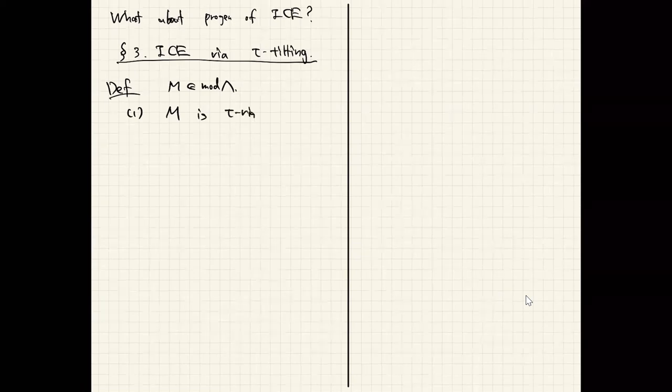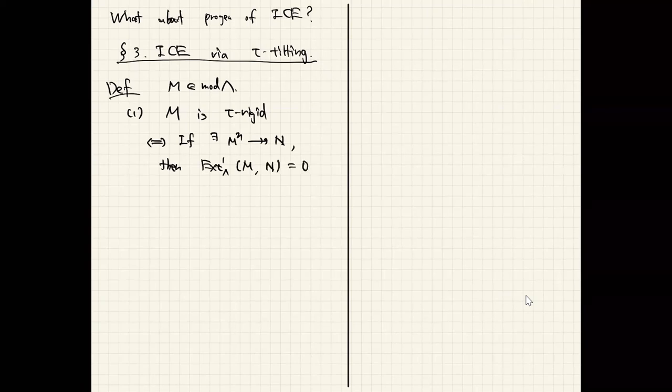If you know the Auslander–Reiten translation, maybe this part sounds strange, but we say that a module M is τ-rigid if, suppose that there exists a surjection from a finite direct sum of M to another module N, then Ext^1 of M to N vanishes. So this is a stronger condition than being rigid.